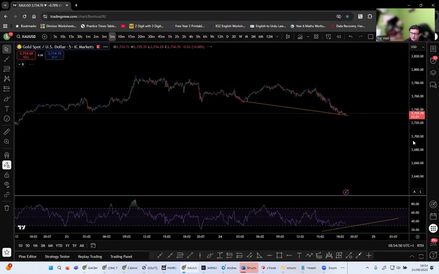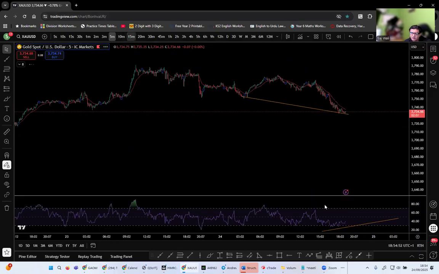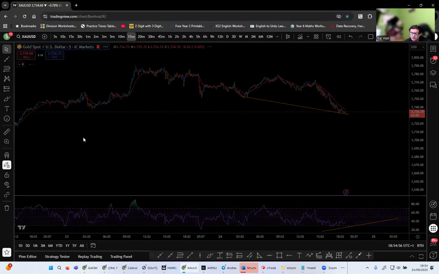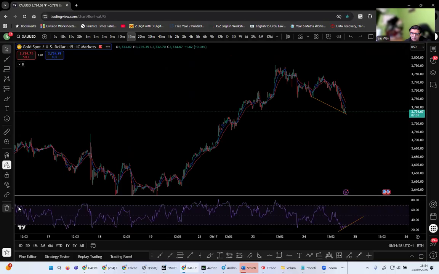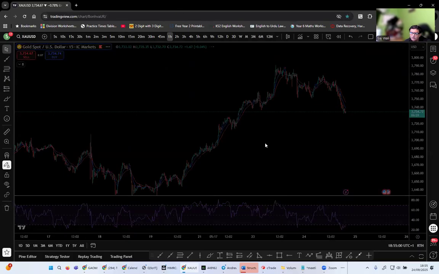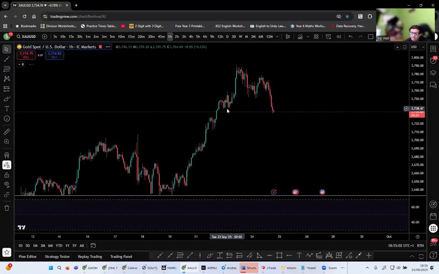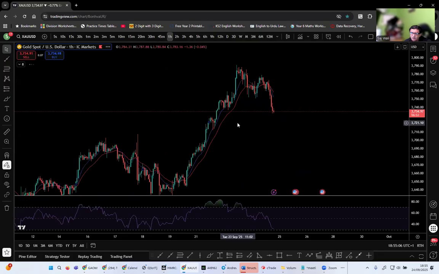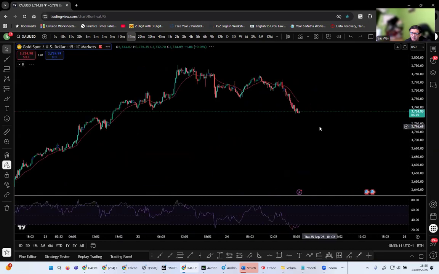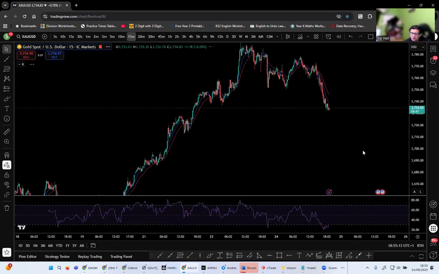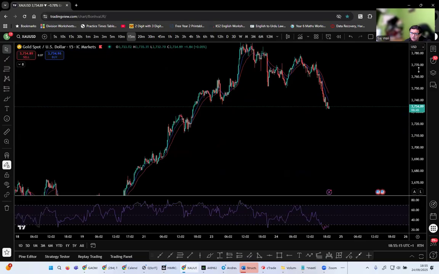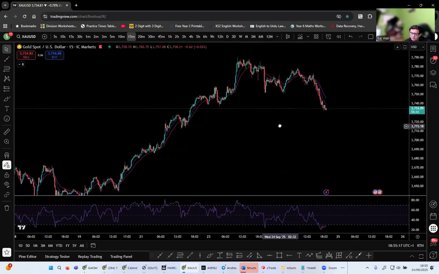In 5 minutes, it's still not crossed the 50. Looking at the 1 hour time frame, looks like market can come down further. So it doesn't seem a very good situation at the moment for a buy trade.